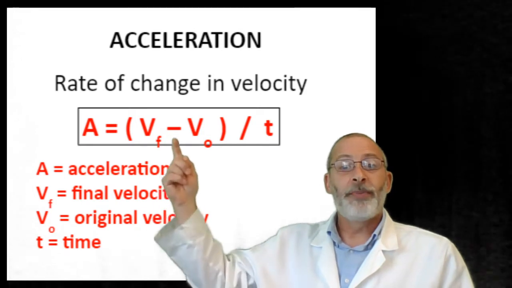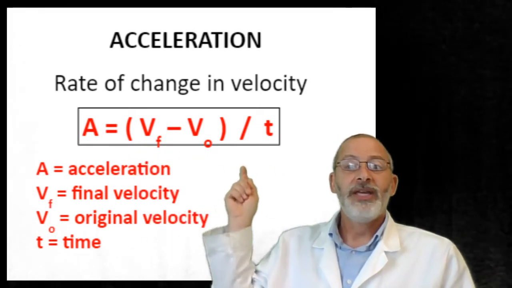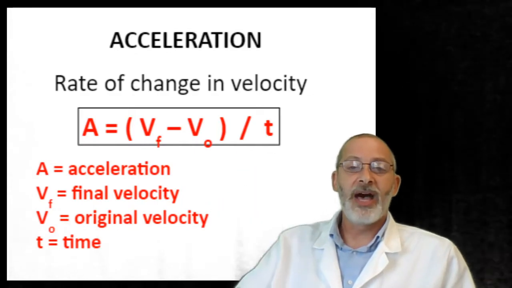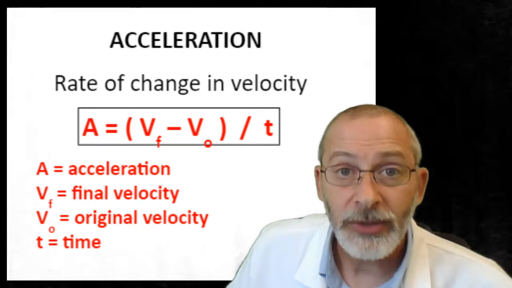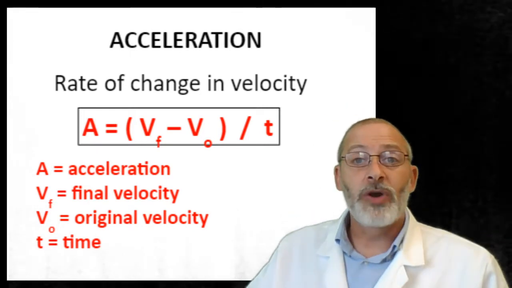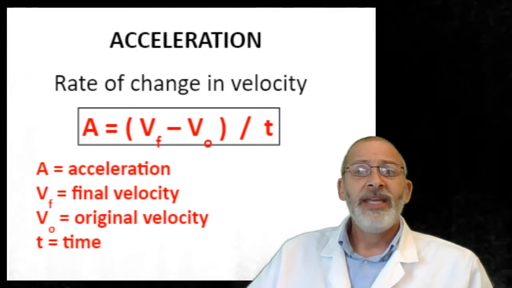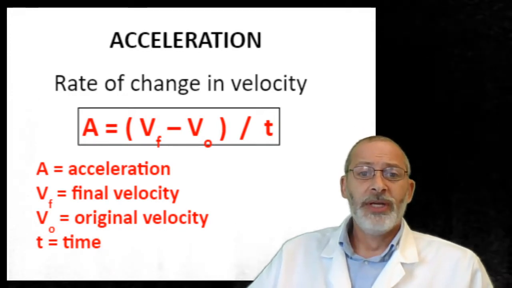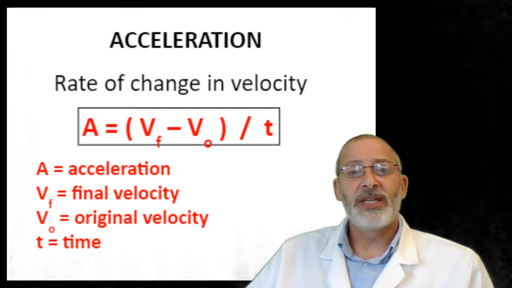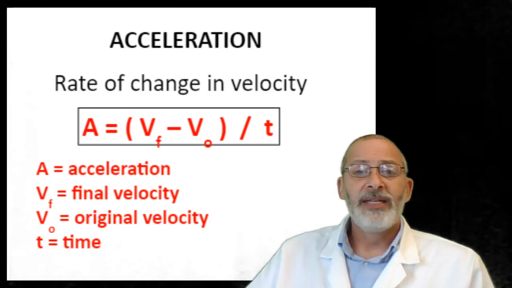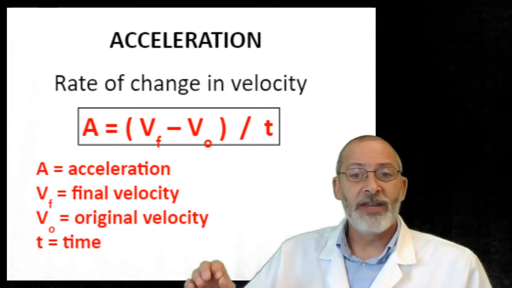And we put it in parentheses because it's all of that together divided by time. So here is our formula or our equation for acceleration. Acceleration is equal to the final velocity minus the original velocity divided by time. Everybody cool with that?